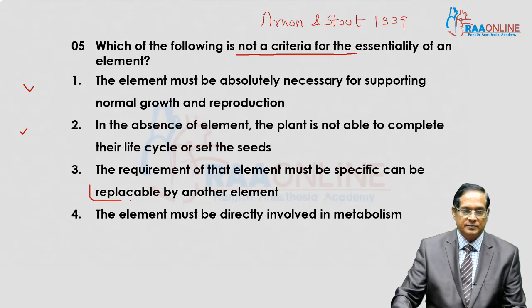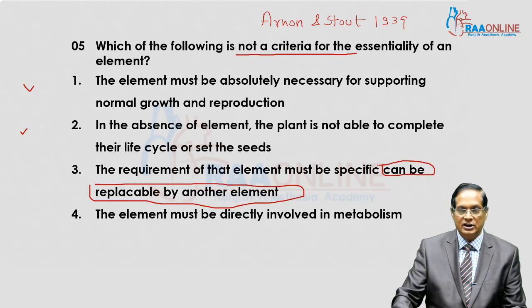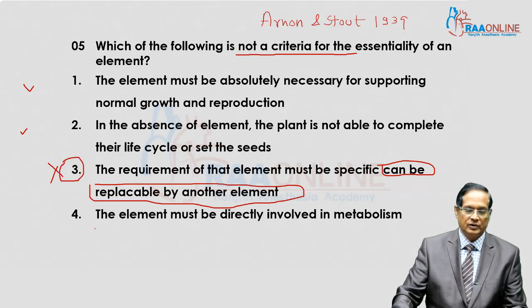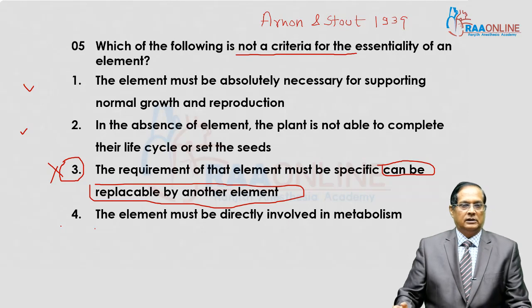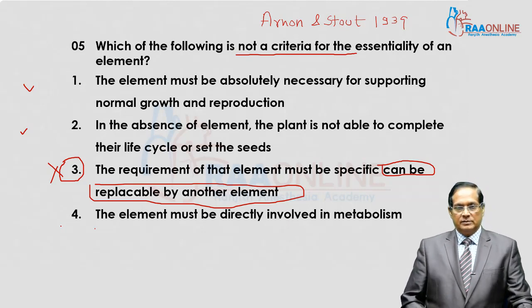See the last half of this portion: it must be specific, and can be replaced? It cannot be replaced. So this criterion is wrong. That is the third one, and the others are right. The fourth one is right.